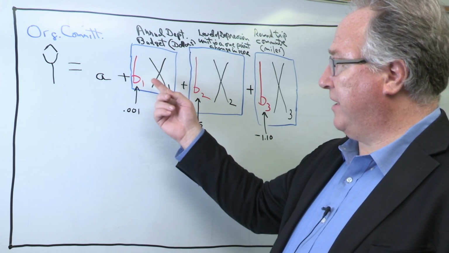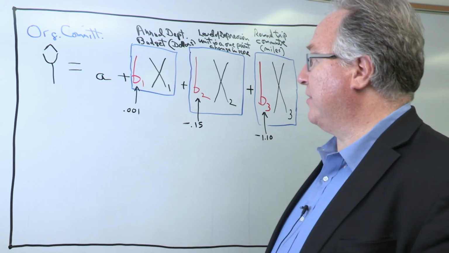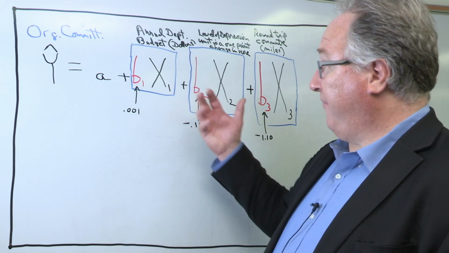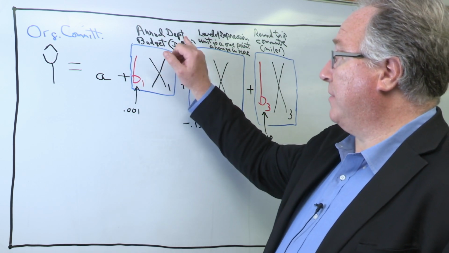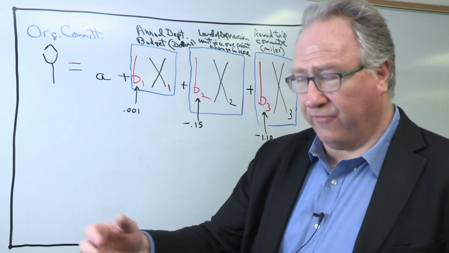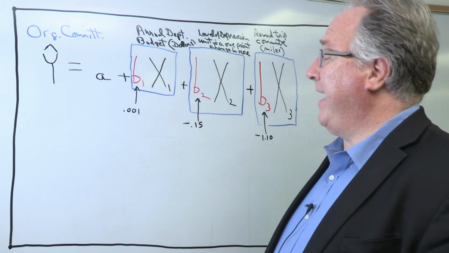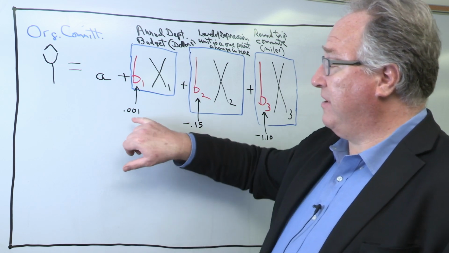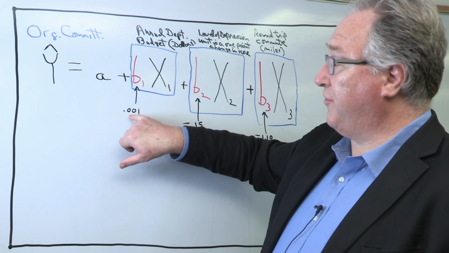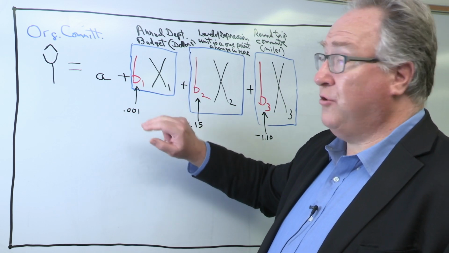This is our unstandardized regression coefficient value. The strength and direction of the relationship between our first predictor variable, annual department budget, and our Y variable, our outcome variable, organizational commitment.